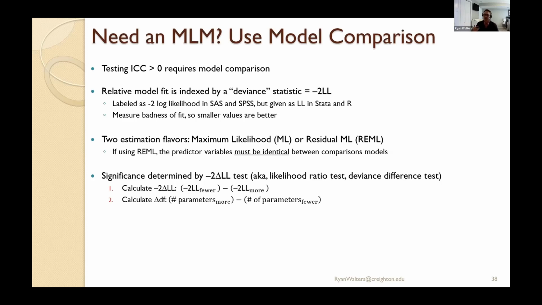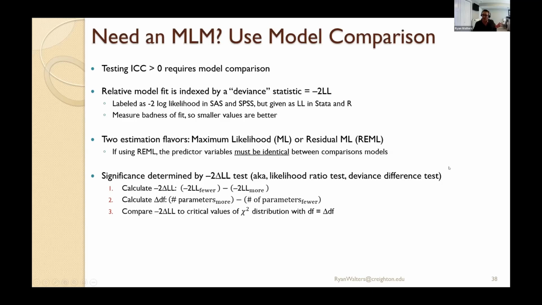So we had 3 parameters versus 2 for our comparison model. That difference in -2 log likelihoods follows a chi-square distribution. And that chi-square difference is going to be compared to a critical value from a chi-square distribution based on degrees of freedom, which is our difference in the number of parameters. Okay.